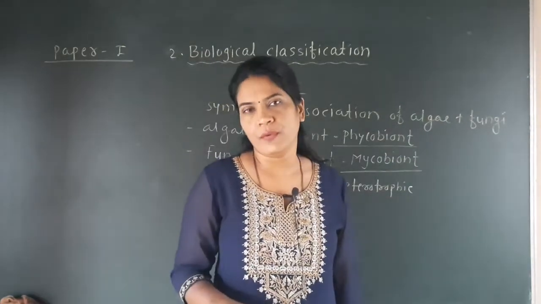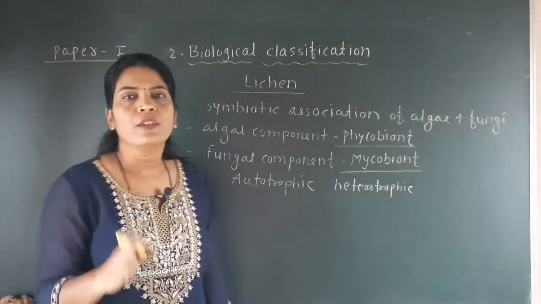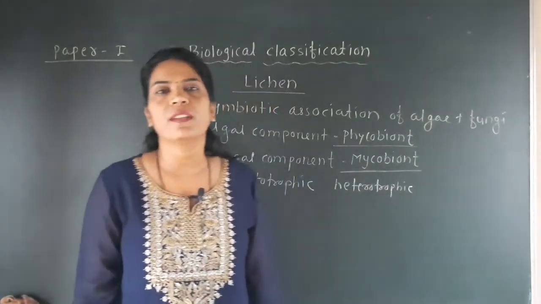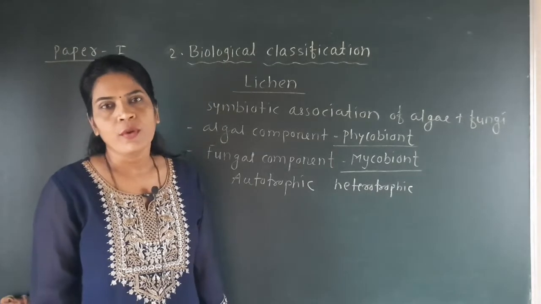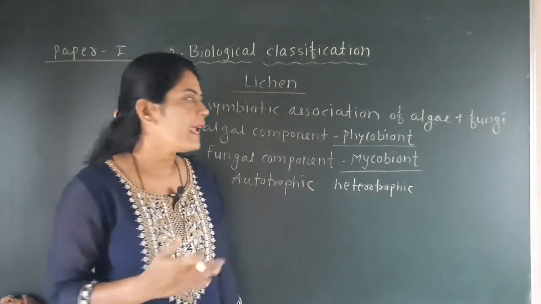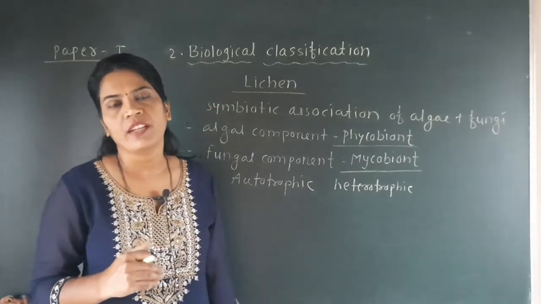That's why they are photosynthetic. But the fungi do not have any type of pigment. They do not carry out photosynthesis. Hence, it is heterotrophic. So it is clear that phycobionts are autotrophic and mycobionts are heterotrophic.